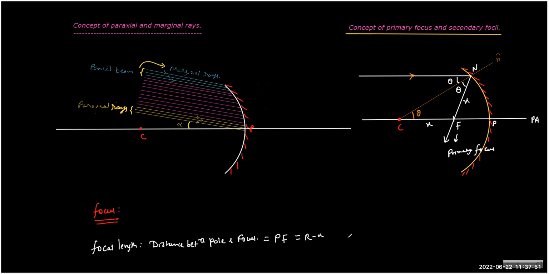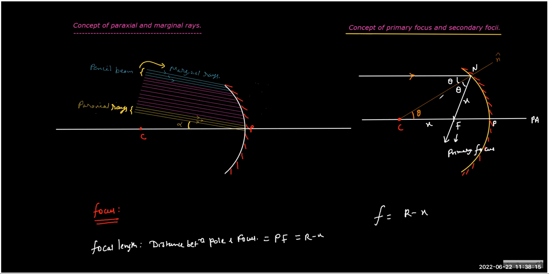Can you see that? Because P to C is the radius itself, and out of the radius, if you subtract x, you get R minus x, which is the focal length. So the formula for focal length turns out to be R minus x. And how can we calculate x?